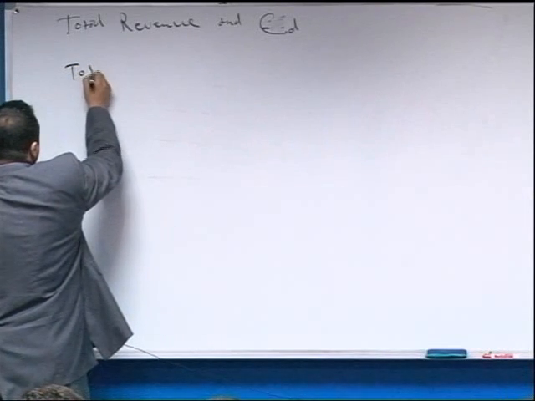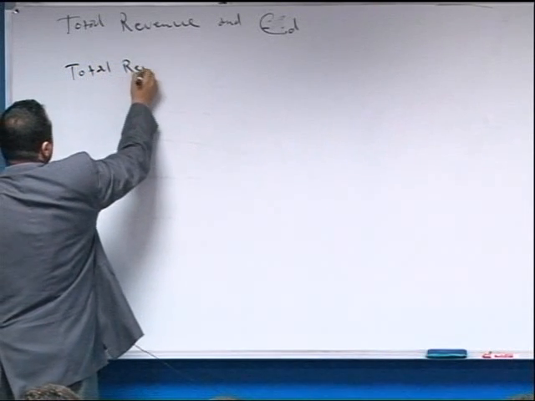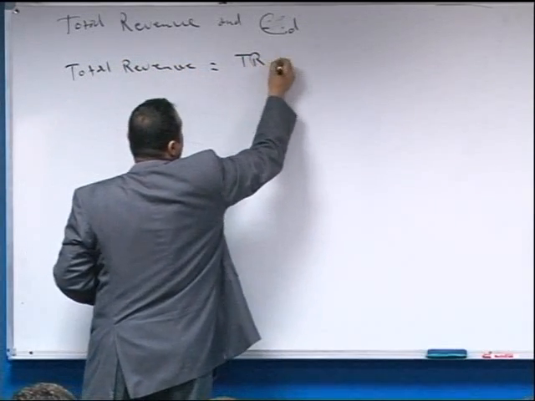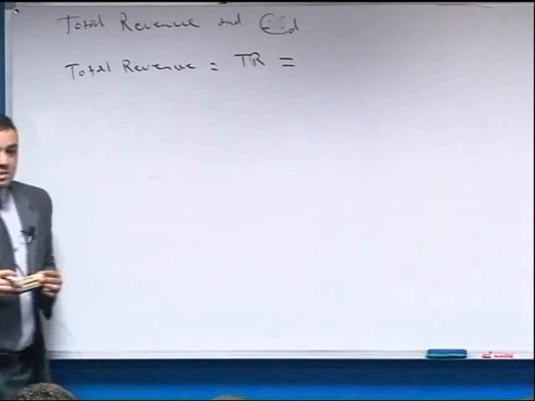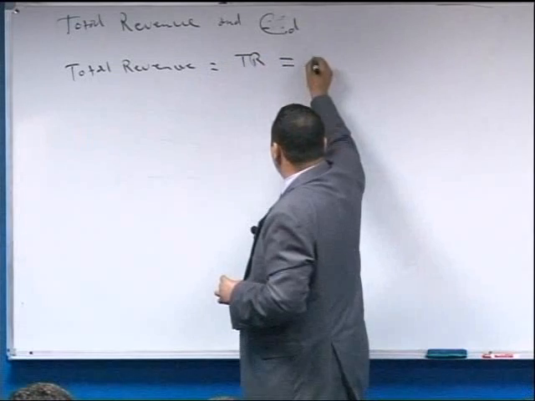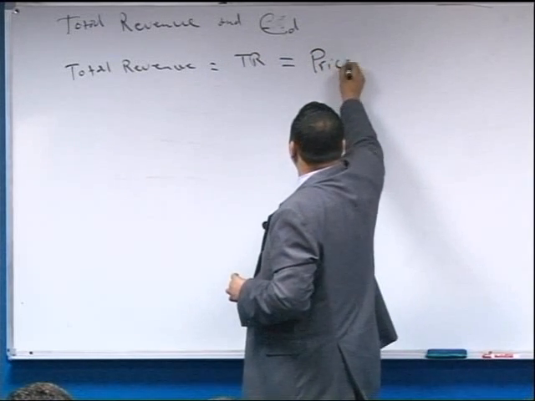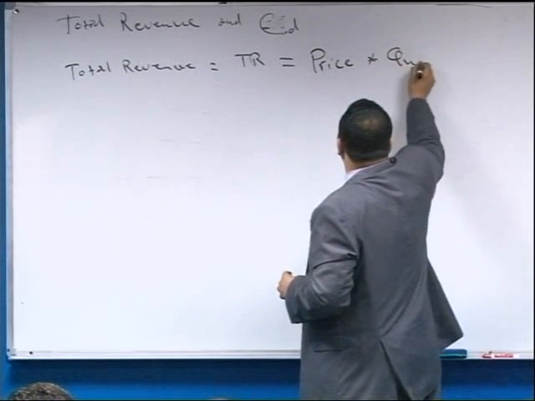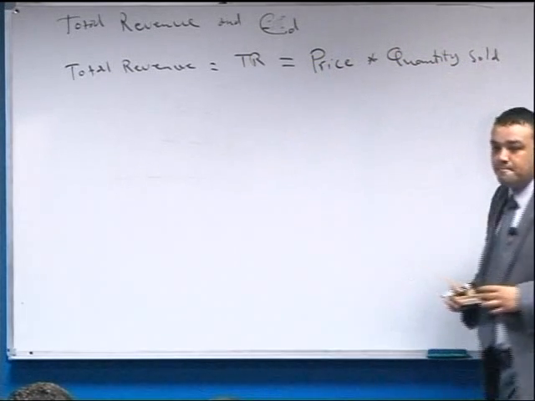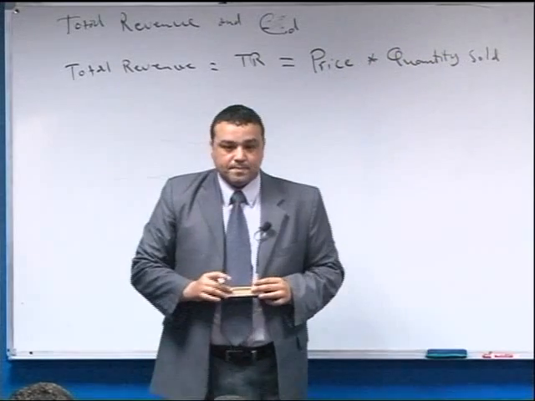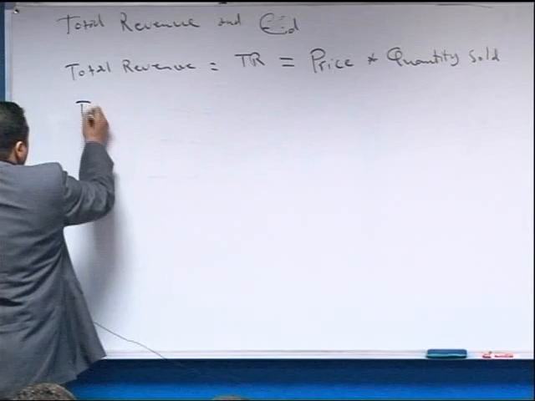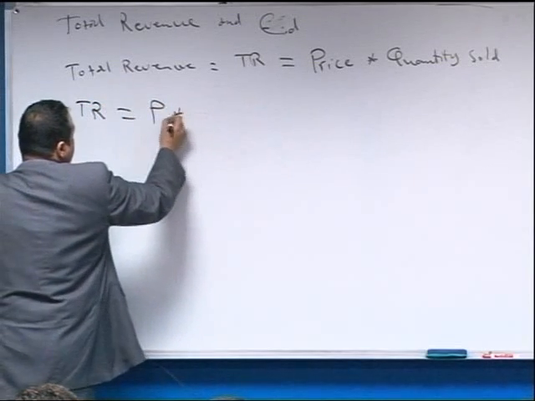Total revenue, or TR, equals the price times the quantity sold. Right? Okay. So TR equals P times Q.